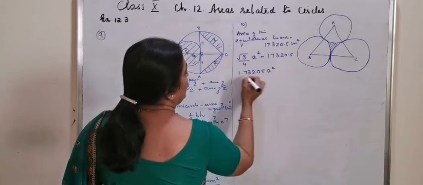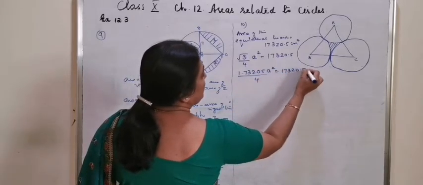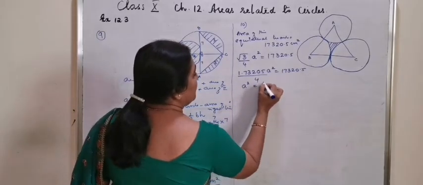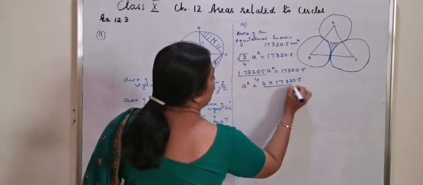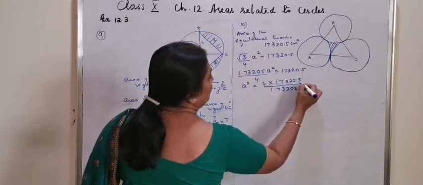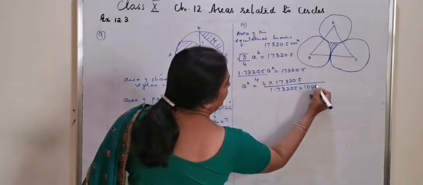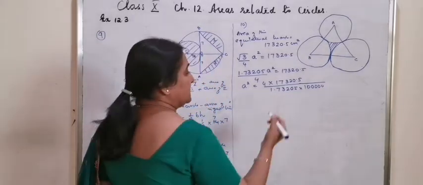1.73205 a square by 4 is equal to 17,320.5, or a square is equal to 4 into 17,320.5 by 1.73205. Let's remove the decimal place by multiplying with 10 and 10 to the power of the number of places after the decimal.